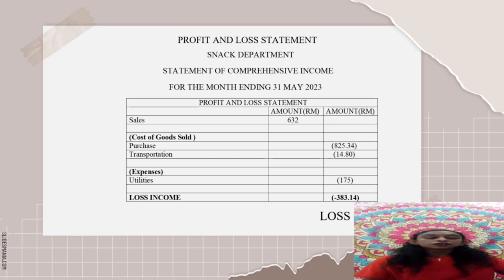After minus, totally it will be a loss income, which is 383. It is because our sales of the snack department will be 632 only, but purchases are around 825. So this caused a loss for our snack department.